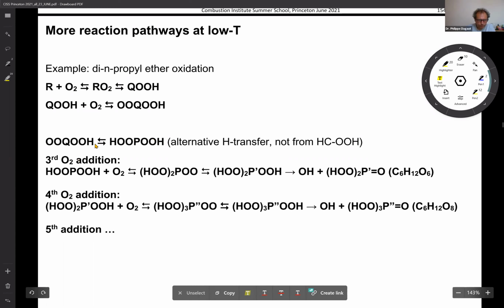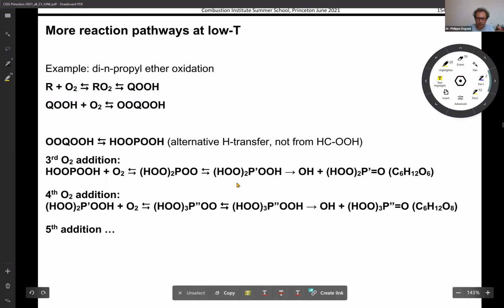This guy can isomerize, but if the hydrogen which is transferred to this oxygen here is not the one where the OH group sits, then it will open a new channel, and there will be a possibility to have a third O2 addition and get this intermediate that can isomerize and produce these new intermediates that can decompose and form a ketodihydroperoxide product.